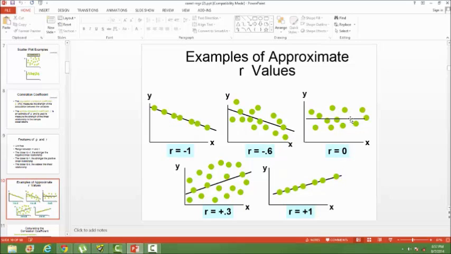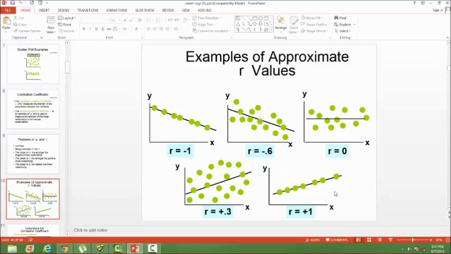Similarly, if the points are lying on a line parallel to the x-axis or y-axis. In this particular graph, points are lying parallel to the x-axis, but it could be the case that points could be lying parallel to the y-axis as well. In both cases, your correlation is 0.